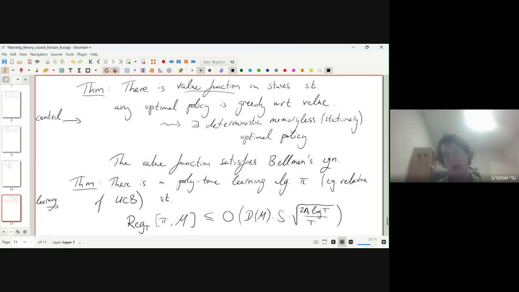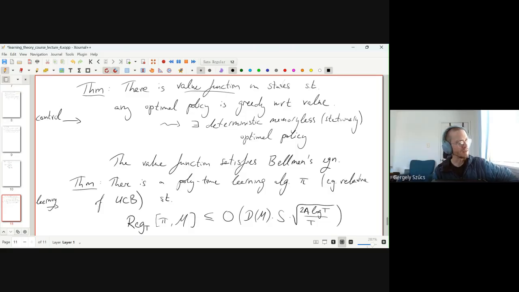By polytime, do you mean as a function of what exactly? Like it converges after polytime steps to the optimal policy, or?